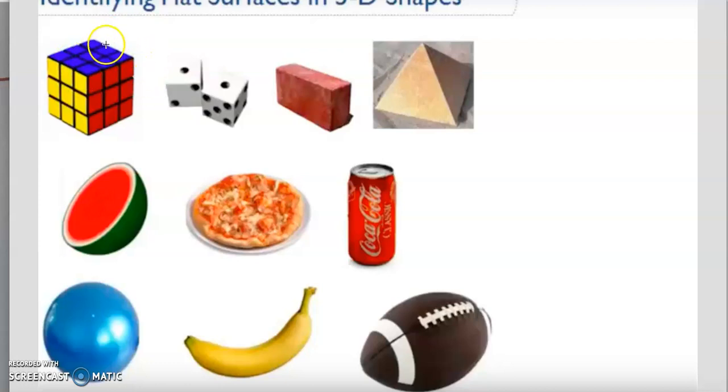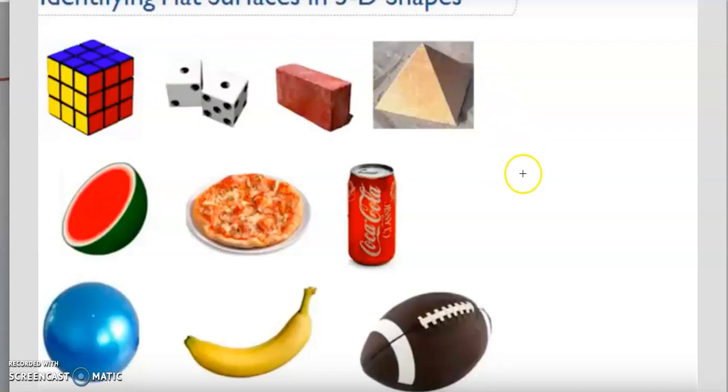There's no rounded side. So it's just flat, flat, flat, and the pyramid as well. It is made with flat surfaces. Yeah, surface just means the outer part here. So it's all flat objects.